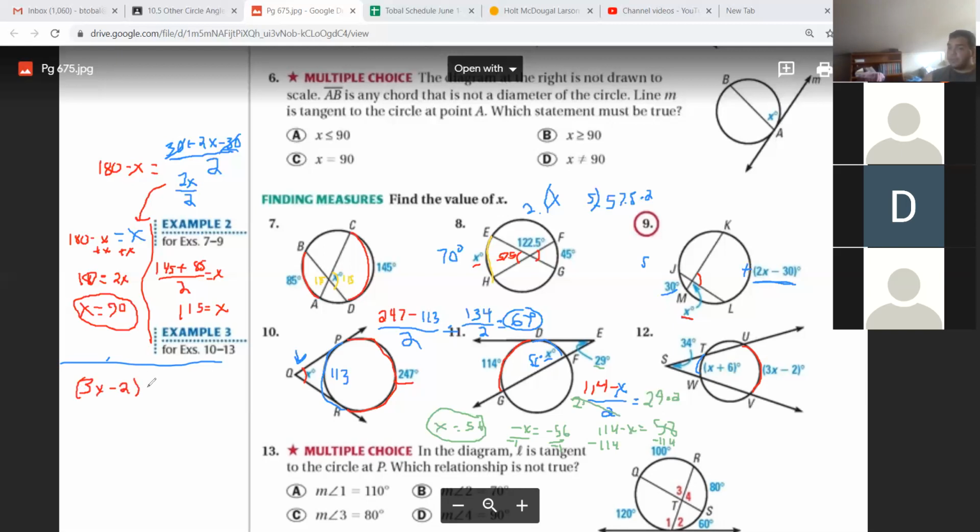I'm going to put it in parentheses because I want to make sure we don't mess up with the negatives. So I'm going to do minus the smaller arc, which is x plus 6. All of that over 2 equals 34, which is the angle out here.